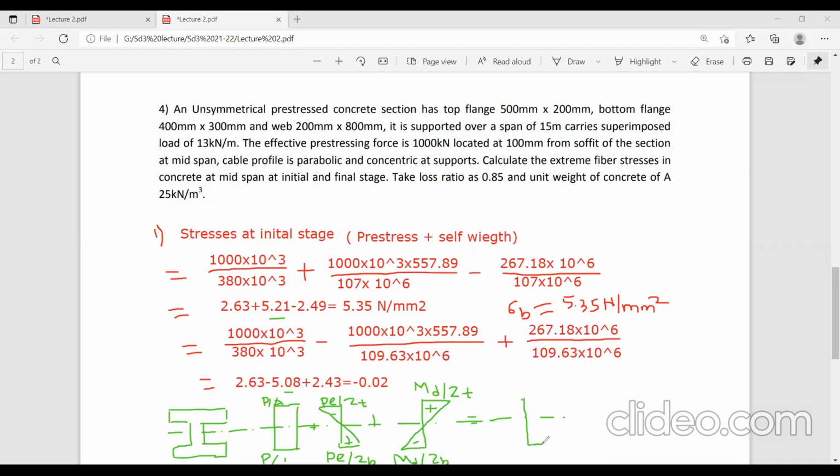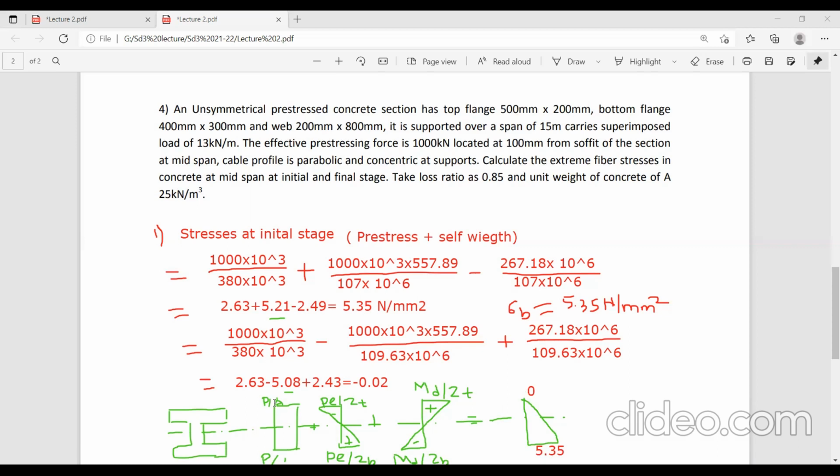Actually, it is near about 0, minus 0.02 at the top, and at the bottom it is 5.35. So this one is the final stress diagram.